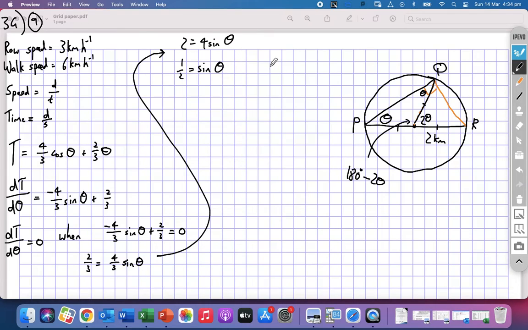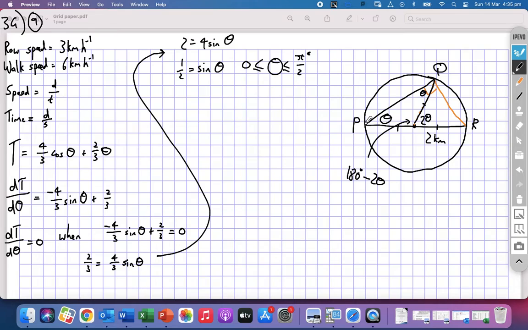Now, the domain has to be less than 90 degrees, or pi on 2 radians. Why is that? They do tell you in the question, I noticed, but you can see it in this diagram. If I went bigger than a 90-degree angle here, so theta's there, right? So imagine this line got taken out to 90 degrees.